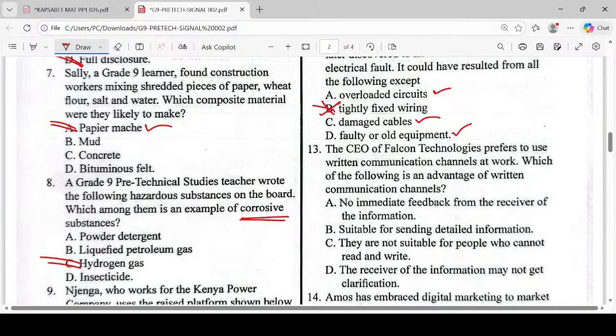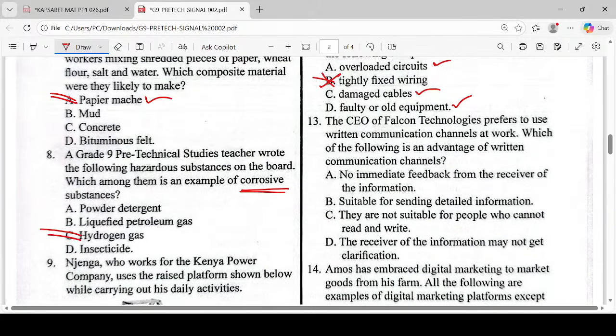Question number 13. The CEO of Falcon Technologies prefers to use written communication channels at work. Which of the following is an advantage of written communication channels? A, no immediate feedback from the receiver of the information, so that one is not an advantage. B, suitable for sending detailed information.